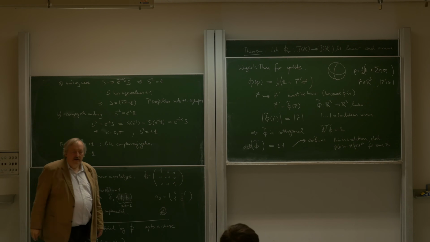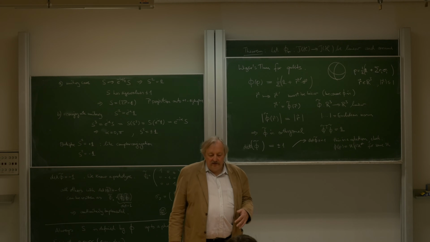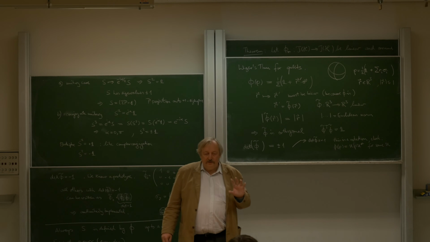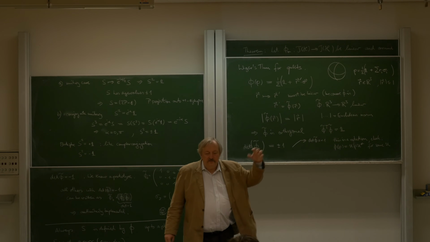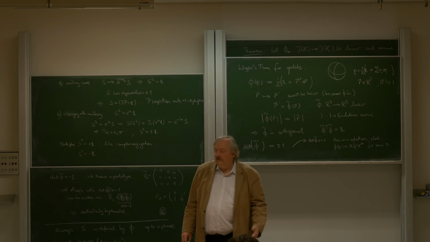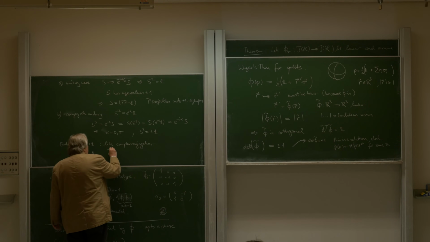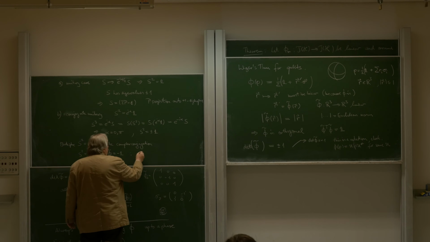This would be an operator where the phi twiddle has determinant minus 1, and the only other thing I can do here is just a complete inversion. That is, minus phi twiddle would be minus 1. Right? So this is the inversion of the Bloch sphere at the center.